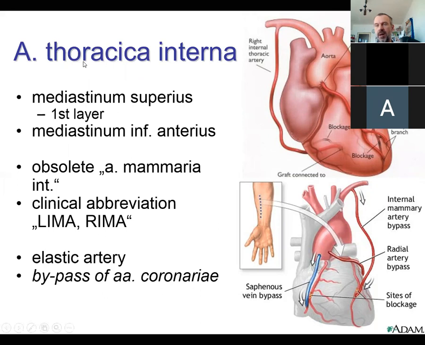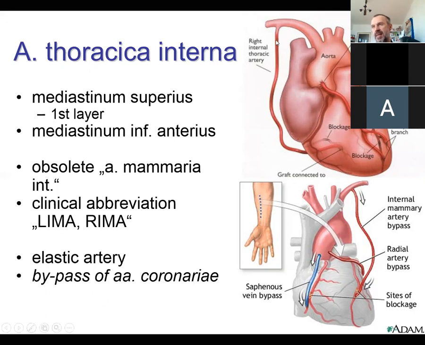So the internal thoracic artery used to be called internal mammary artery, as it also supplies, as I said, by the perforating branches, the mammary gland. But now we call it, already for some 85 years, internal thoracic artery, but still in clinics, they use the term internal mammary artery. So if you see the clinical abbreviation left internal mammary, right internal mammary, LIMA, you will know that this bypass is based on the internal thoracic artery.